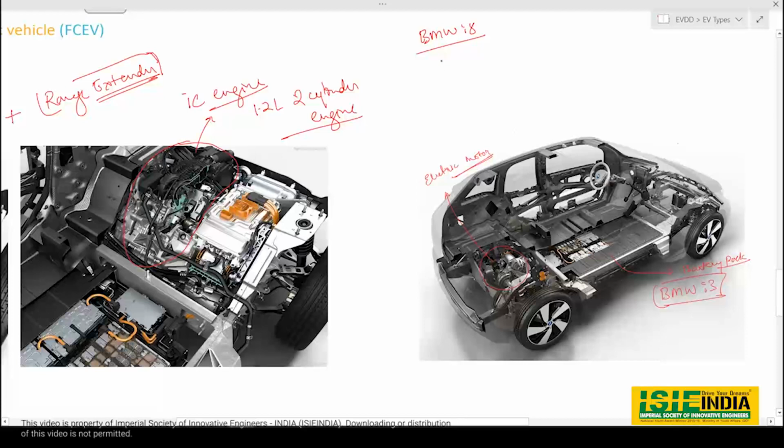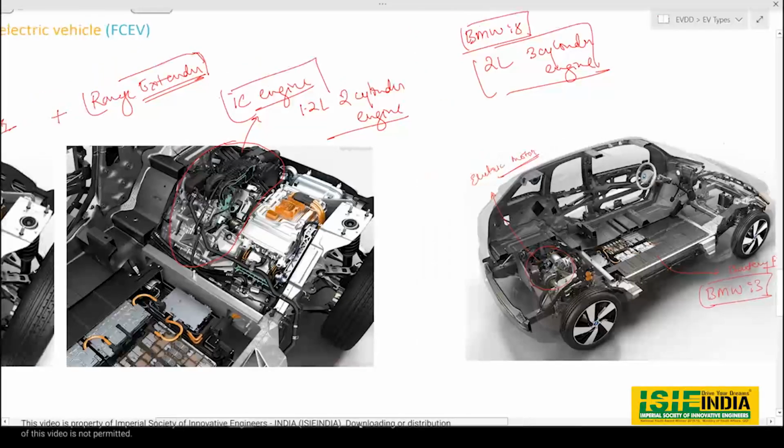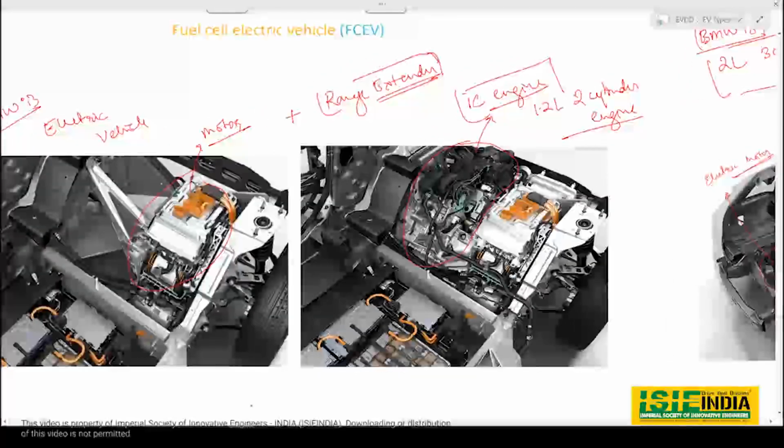whereas in the case of the BMW i8 we had a 2 liter three cylinder engine. In the case of the BMW i8, which was a parallel hybrid, we had a 2 liter three cylinder engine, and over here in the BMW i3 we have a 1.2 liter two cylinder engine.